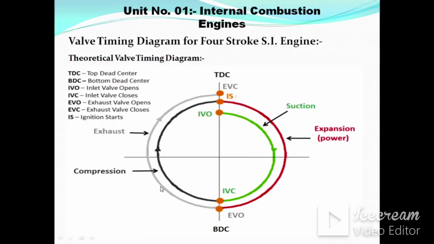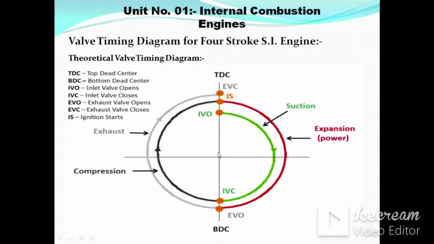The exhaust stroke is indicated by the gray curved line. This is our exhaust stroke. Then the piston moves again from BDC to TDC. Due to this movement of the piston, all the exhaust gases are swept out from the engine cylinder. At exactly 180-degree revolution of the crankshaft, the exhaust valve closes.